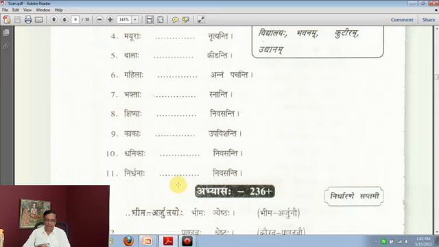Evam ekadasha Samskrita vakyani saptami vibhaktau prayogaha vayam idanim dristavantaha. We have seen the usage of Saptami vibhakti in 11 sentences. 8 minutes. Today I do not have any poem to be taught.